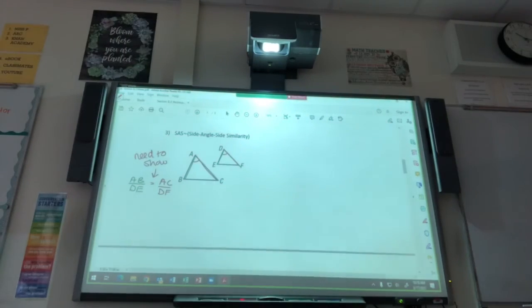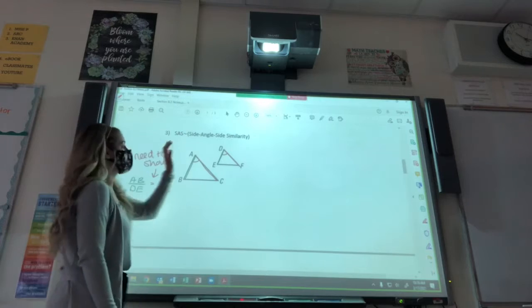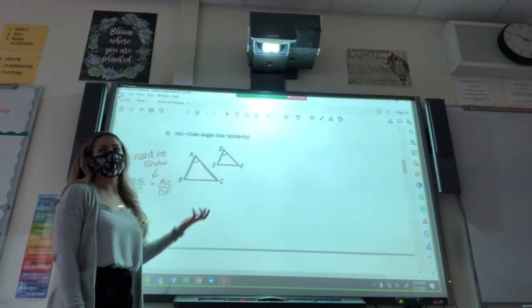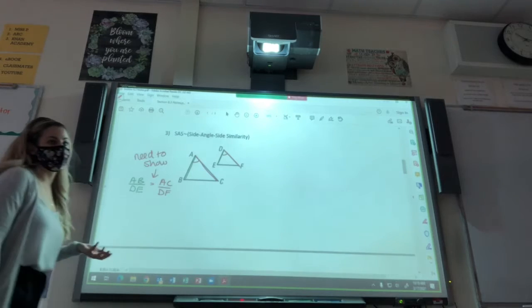So I would have to show that AB and DE have the same ratio as AC and DF. If we show that these ratios are the same and I have congruent angles, I can say the triangles are similar by side-angle-side.